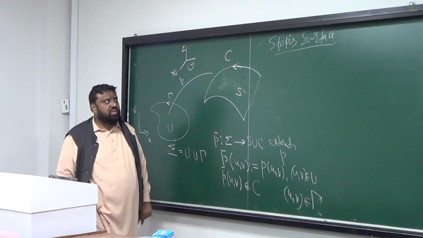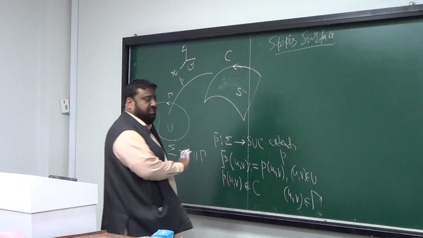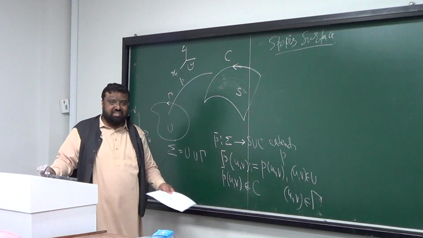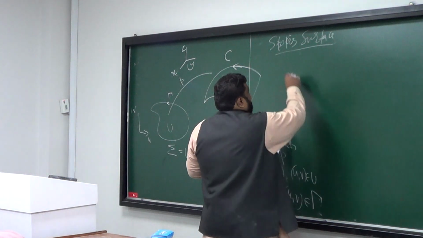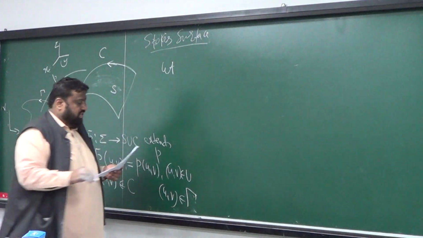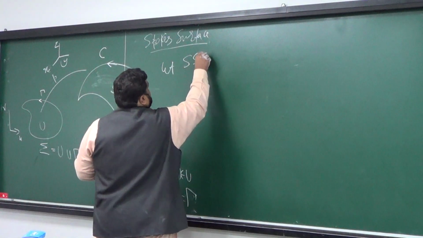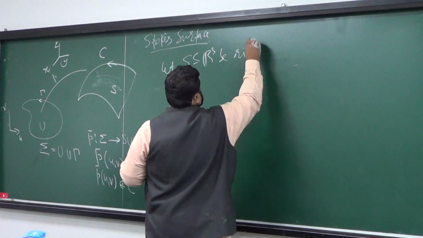Let me put the definition now, because this is important, because writing a definition is like putting yourself in trouble. So what's a Stokes surface? Let S in R3 be an oriented surface.